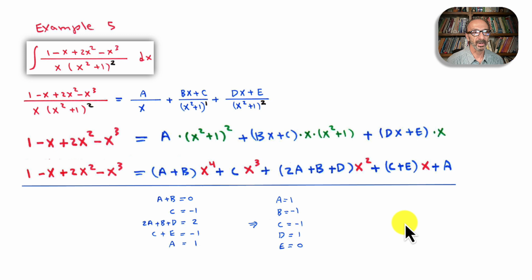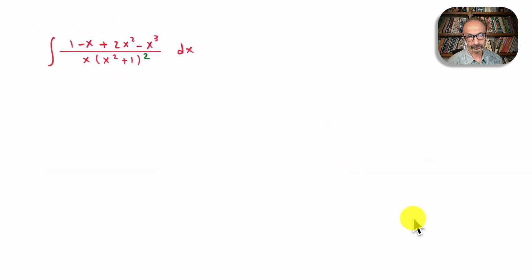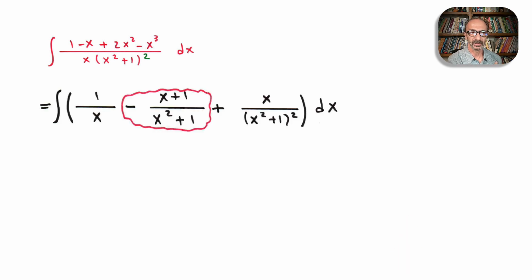Let's go back to the problem now. Here's the problem. To integrate this, after decomposing, we have the following, with a and b and c and d and e in the problem.